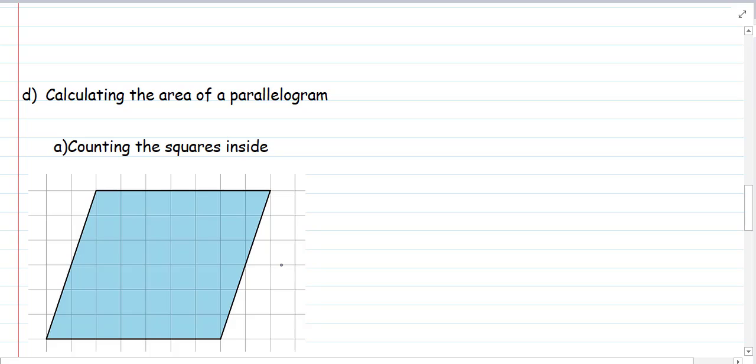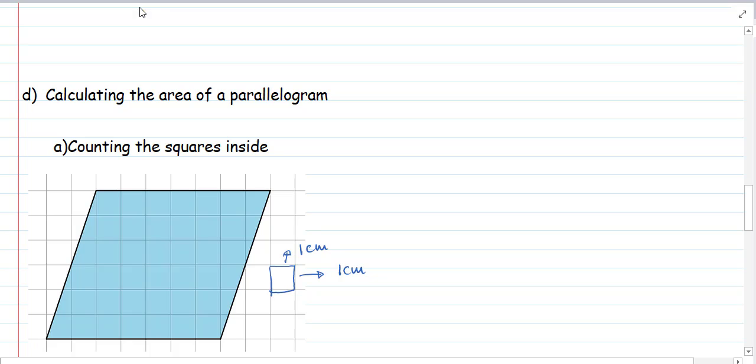Suppose this small square has a side length of 1 centimeter, which means the length and the breadth are 1 centimeter each. So let's try to count the number of squares inside.